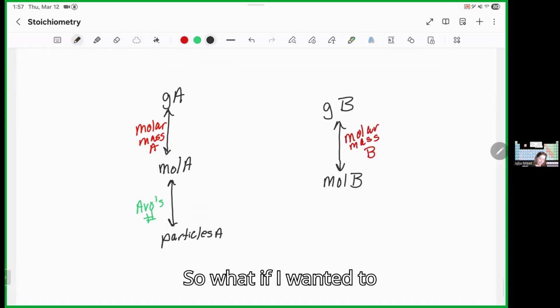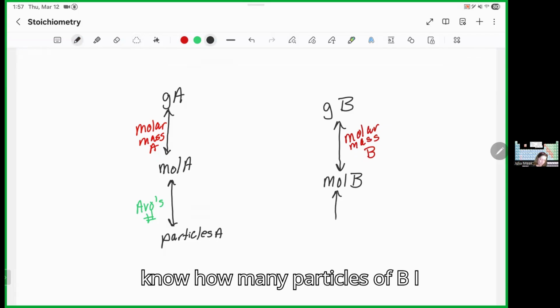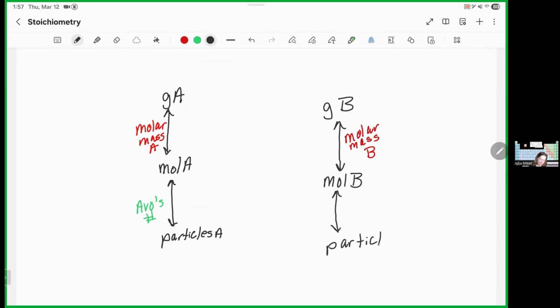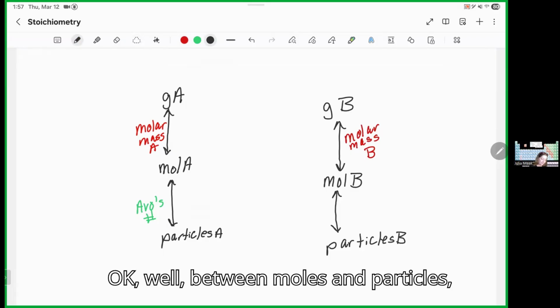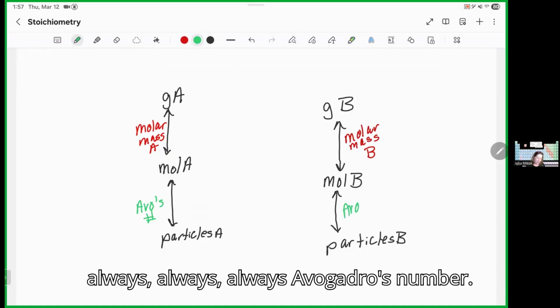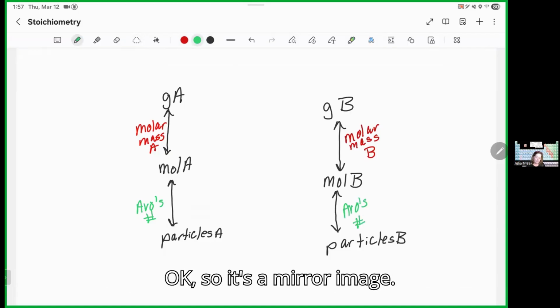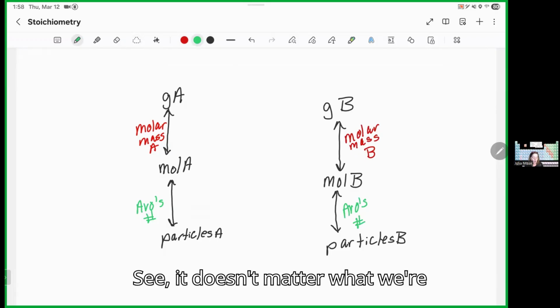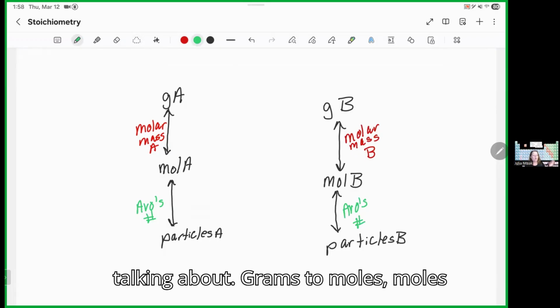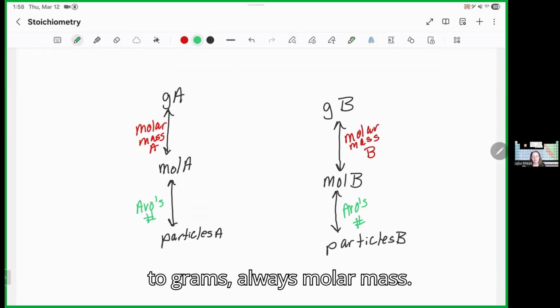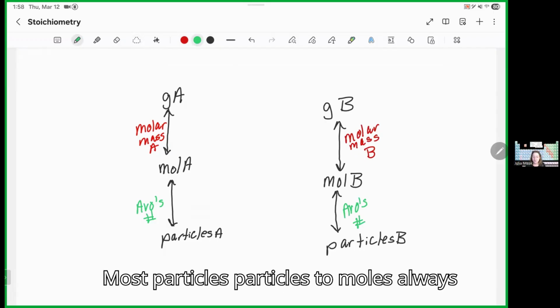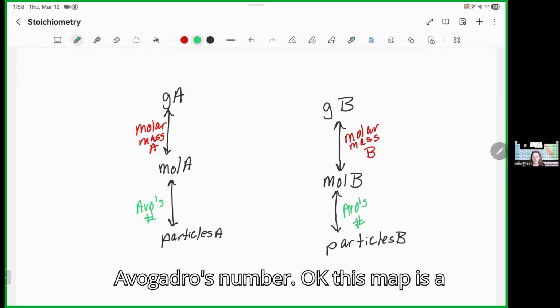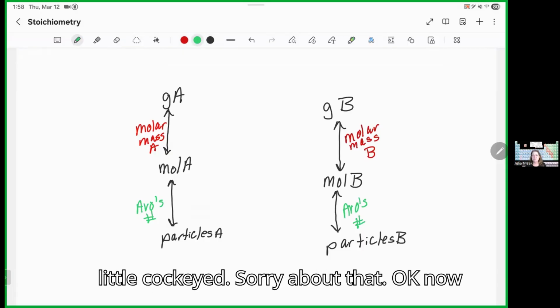So what if I wanted to know how many particles of B I had? Well, between moles and particles, always, always, always Avogadro's number. So it's a mirror image. It doesn't matter what we're talking about, grams to moles, moles to grams, always molar mass. Moles to particles, particles to moles, always Avogadro's number. This map is a little cockeyed.